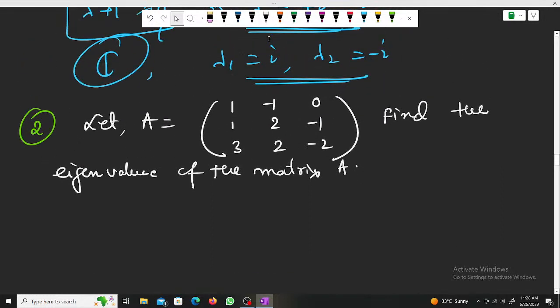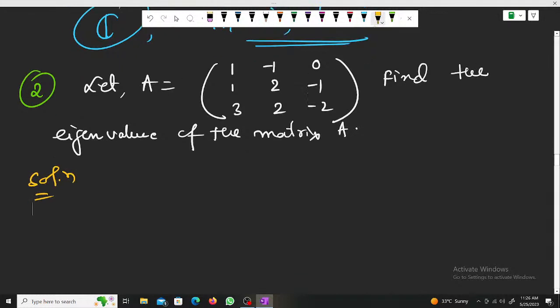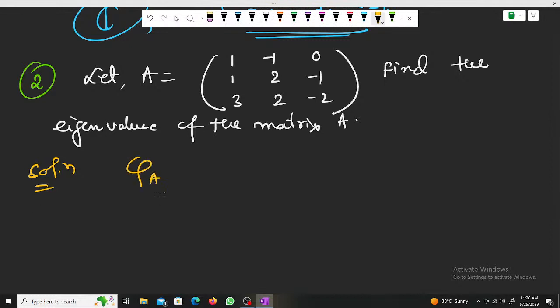Now we have the definition. Okay, so solve this. How to solve this? Suppose the characteristic equation, this is lambda.